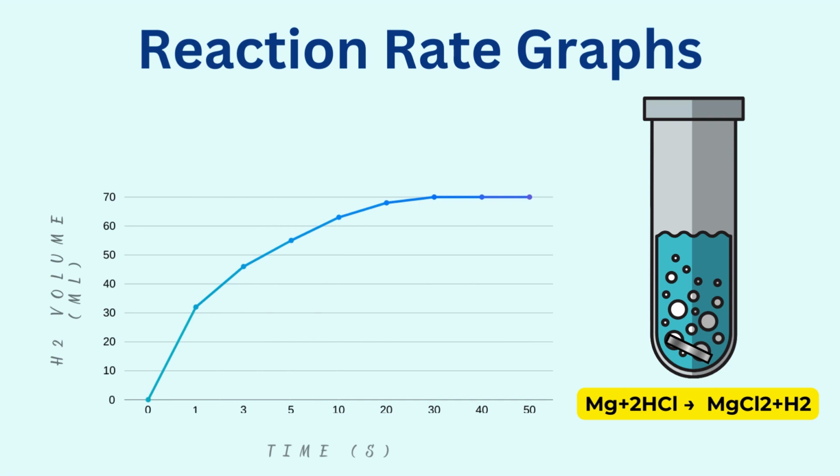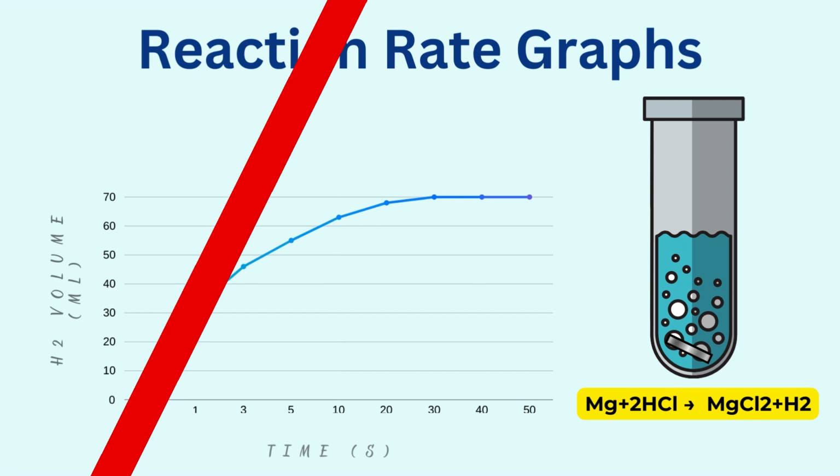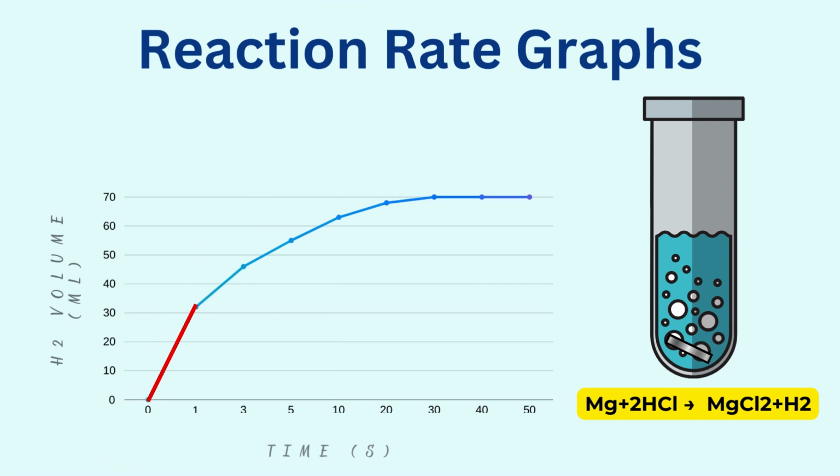In the graph below, the volume of hydrogen gas produced during an acid-metal reaction is plotted against time. The resulting graph displays a distinct shape, offering valuable insights into the kinetics of the reaction. The slope of the graphed line serves as an indicator of the reaction rate, with a steeper inclination signifying a more rapid rate.